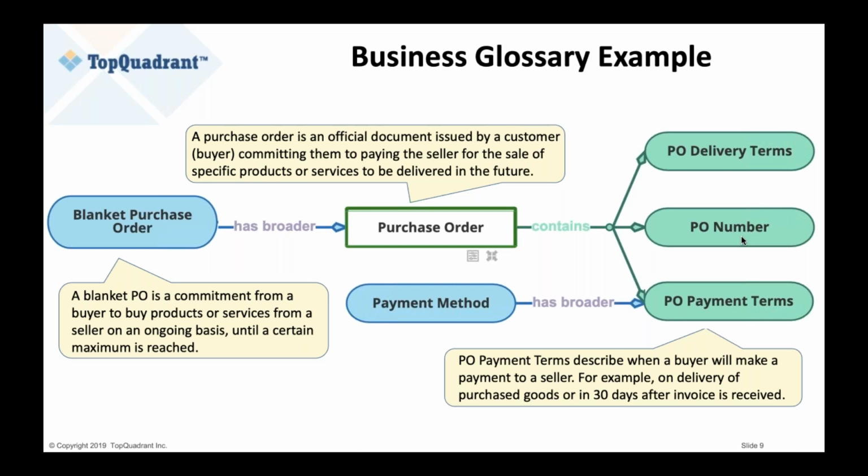Is it broad or narrow, or is it something more specific, such as contains, saying that you could find a purchase order number in a purchase order, you could find delivery terms in a purchase order, etc. That becomes a question of whether you want to start using this type of specific relationships, and whether you want to start capturing the structure, even if it's in not precise ways, because structure is typically something that is associated with the data sources where you have very precise physical structure in play.